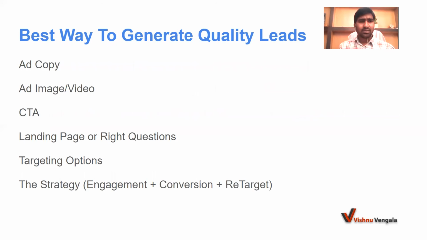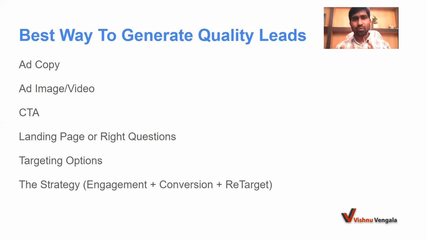And as I said, there are a few elements where you have to focus to generate quality leads. Your ad image is the first thing, so make sure you design a compelling ad. All the key elements have to be in the ad.